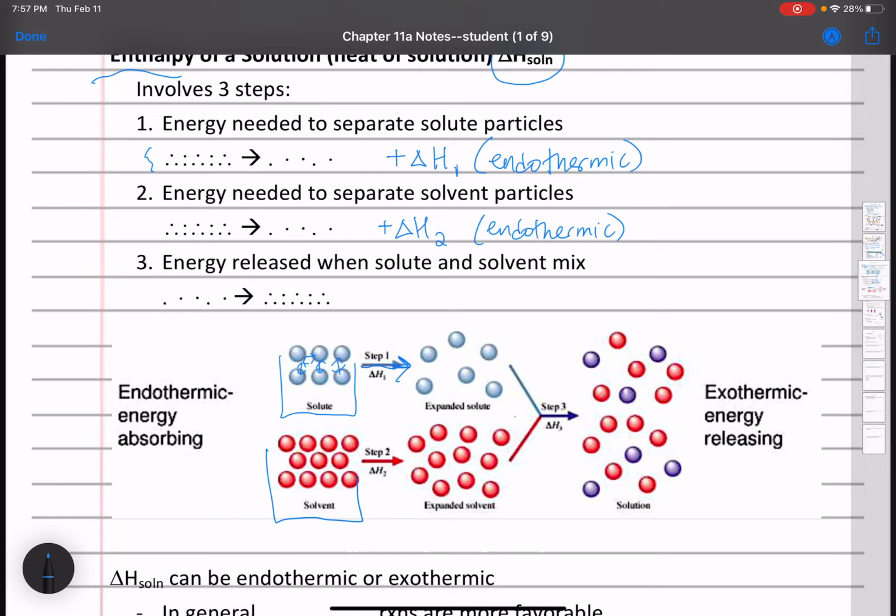And then in step 3, when we combine them, we re-establish intermolecular forces, but now between the different particles. And when we reestablish intermolecular forces, that is exothermic, with a negative delta H.